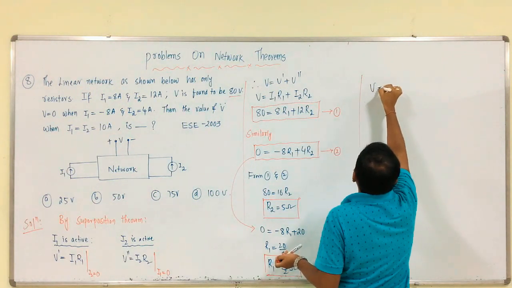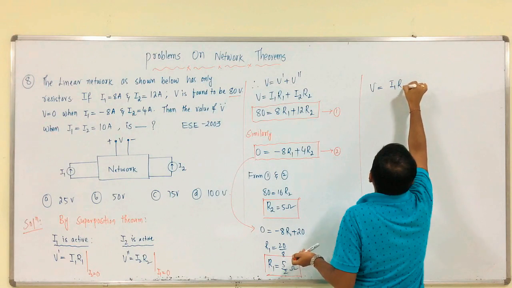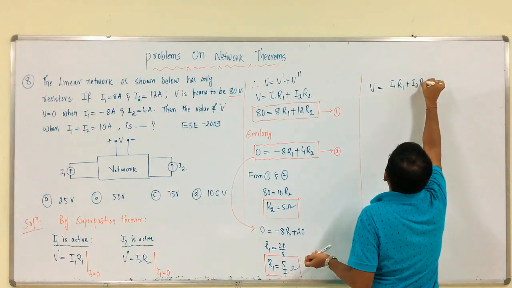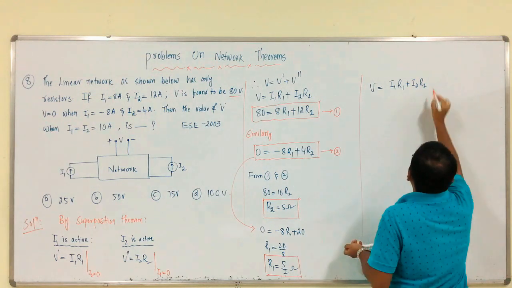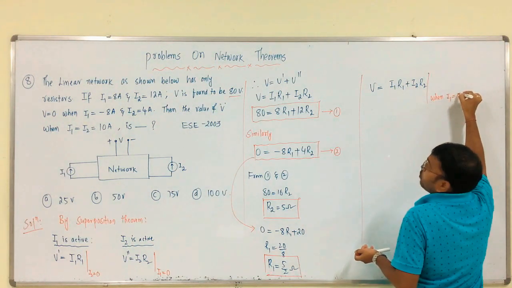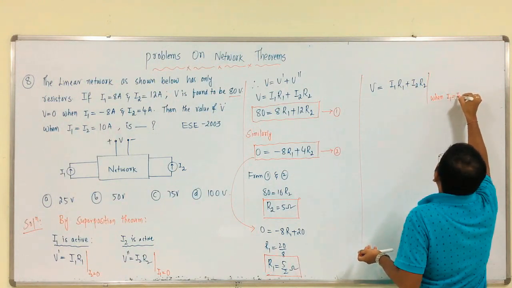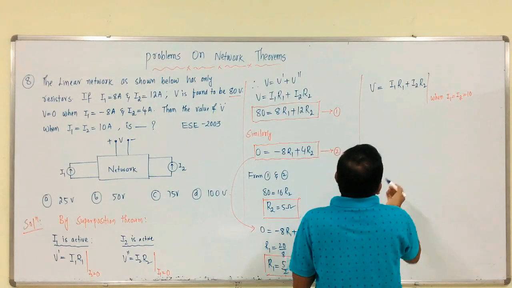Therefore, V is equal to I1 R1 plus I2 R2. When I1 is equal to 5 by 2 and I2 is equal to 10, we have to calculate.